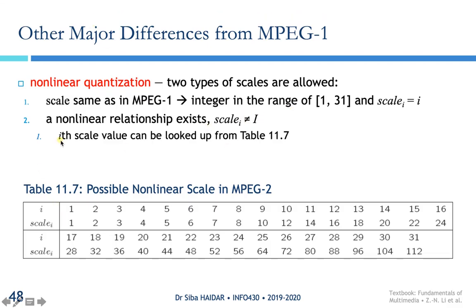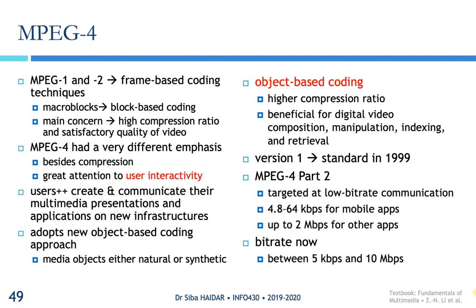For example, the scale's value can be looked up from table 11.7 from the textbook. Scale of i equals i until a certain value. From 9 until 31, the scale of i differs. So if you have bigger values, you divide by bigger scales, you quantize by bigger scales.